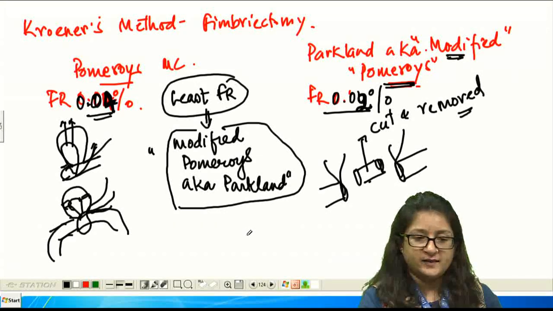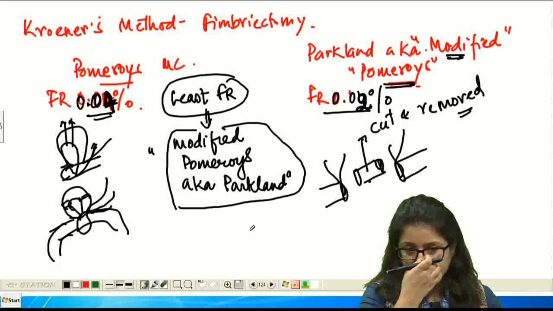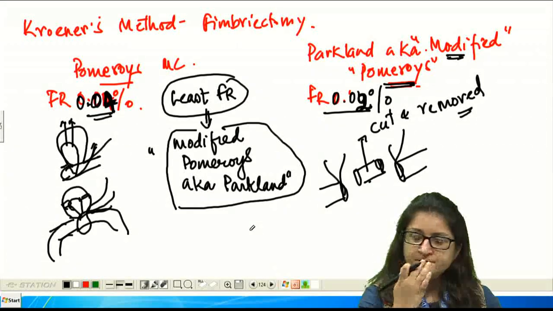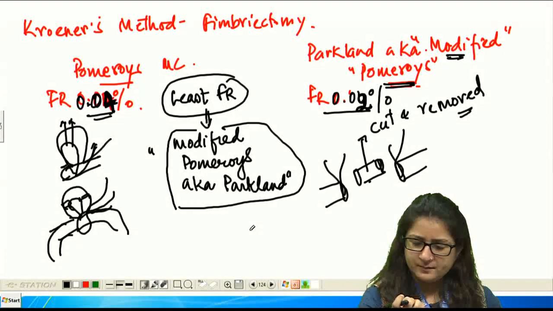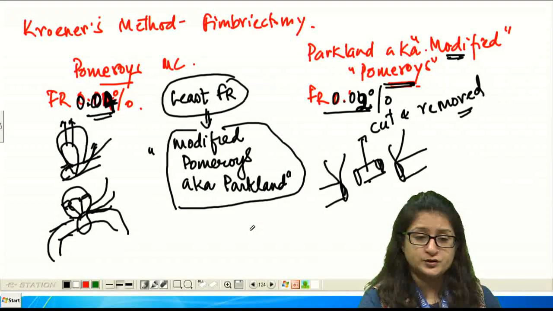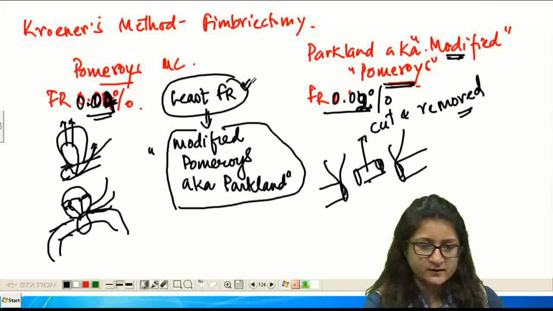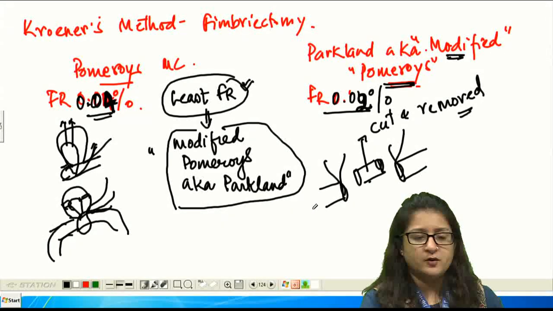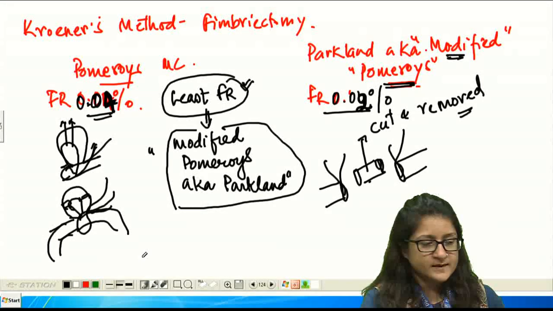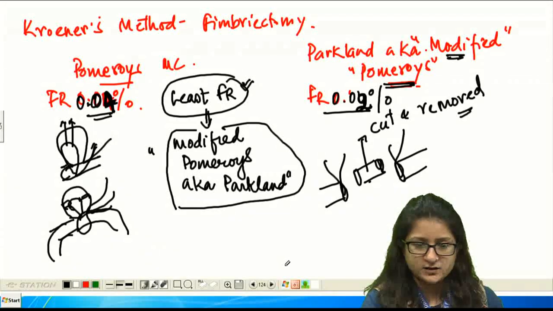Okay, with the current methods. Otherwise, previously, when cauteries were used, the least failure rate was seen with bipolar cautery, but that is no longer available. So the least failure rate available is with the modified Pomeroy's method. Now coming on to the next question.